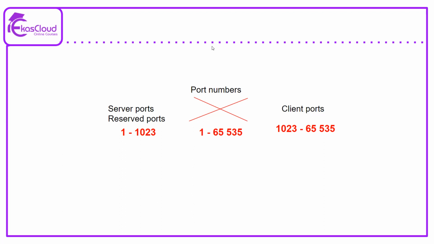So, for example, from 1 to 1023 is specially used for servers, and these are reserved, only for servers. While the client ports have much more options: 1024 to 65535 is what the client port range is capable of.